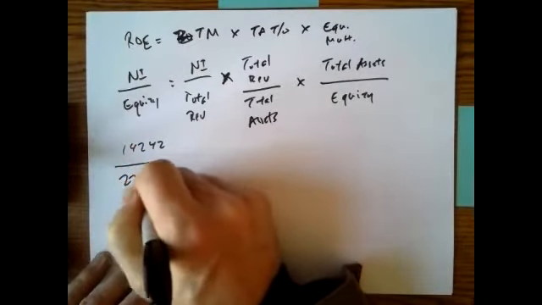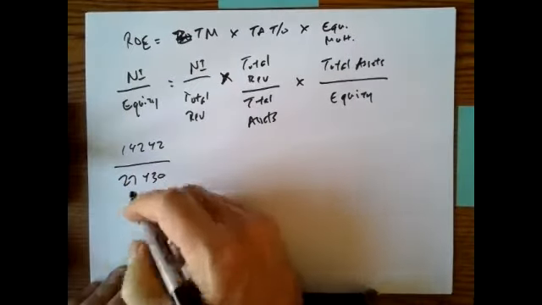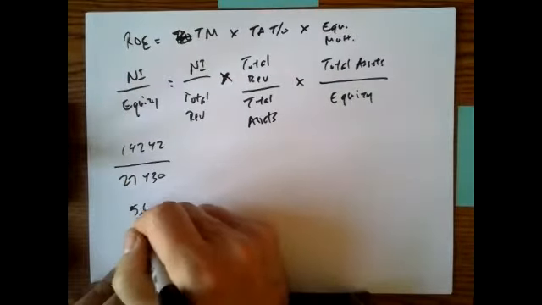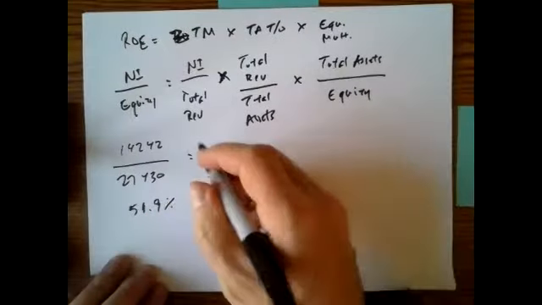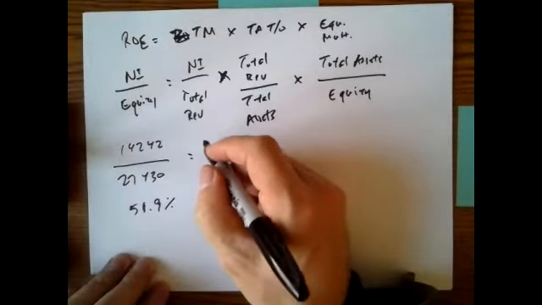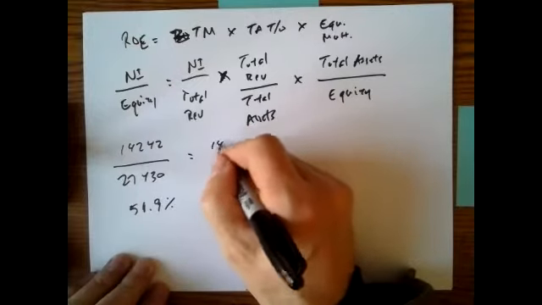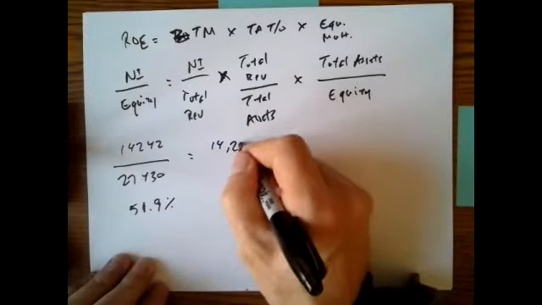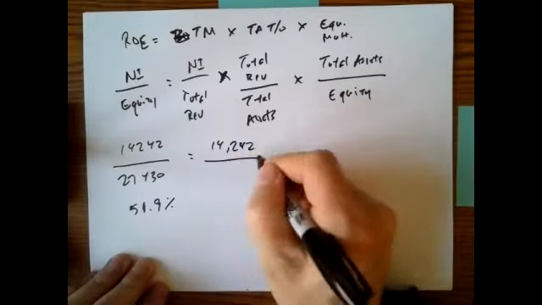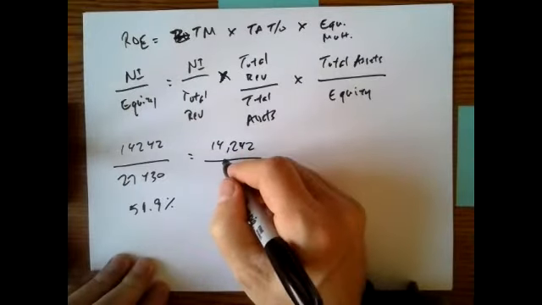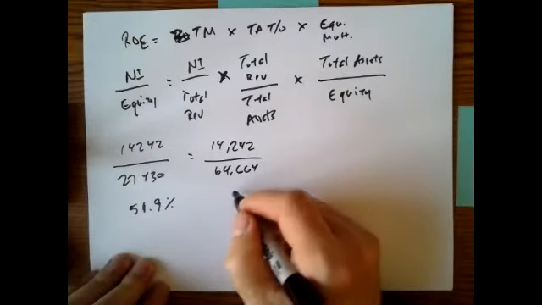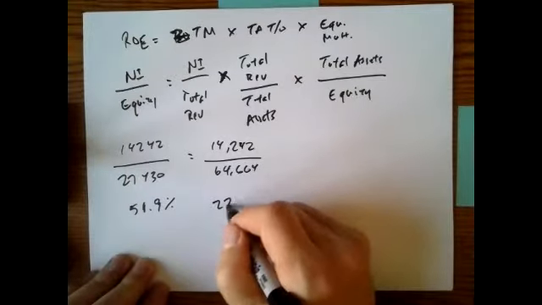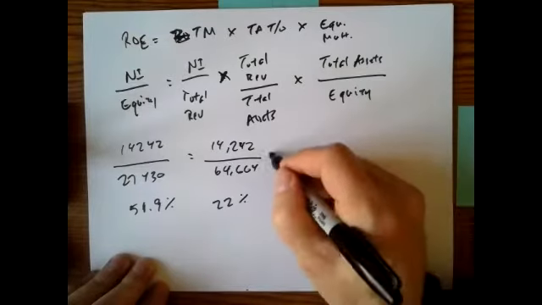Equity is 27,430. That gives us 51.9%. Total net income of 14,242. Total revenues are 64,664. That gives us a total margin of 22%.